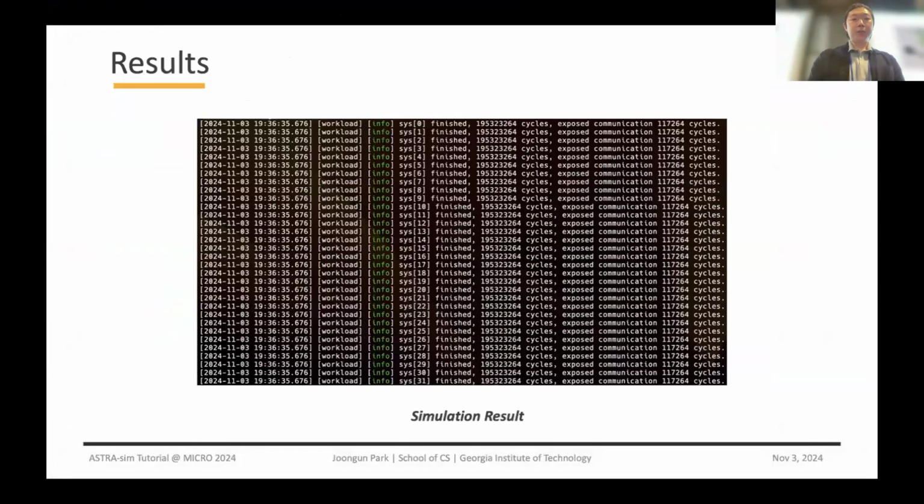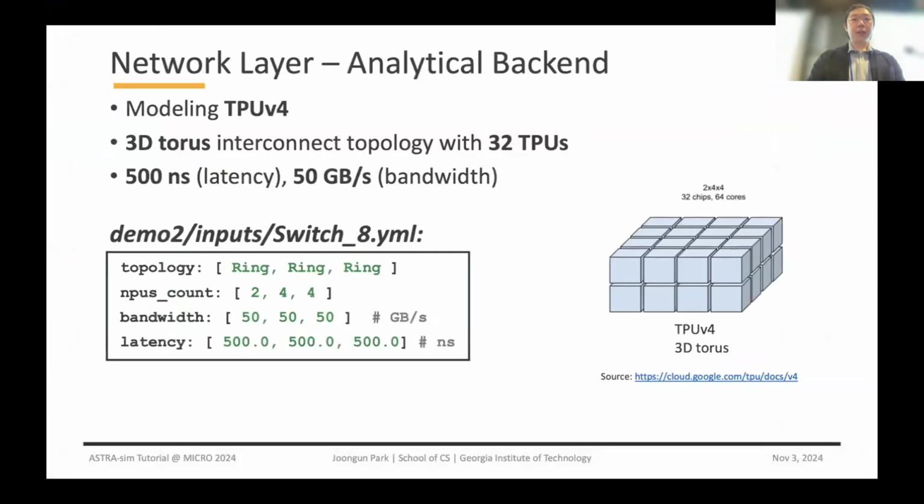So next we'll see another model. We're going to model TPU V4. It has a 3D torus interconnect topology with 32 TPUs. As you can see on your right side, it has a 2x4x4 topology.